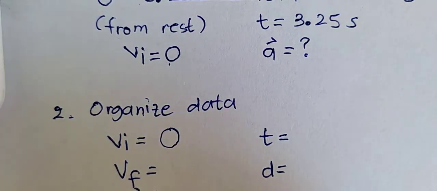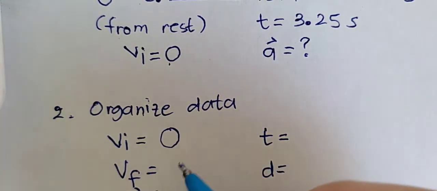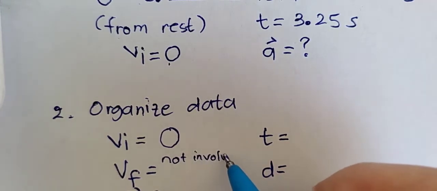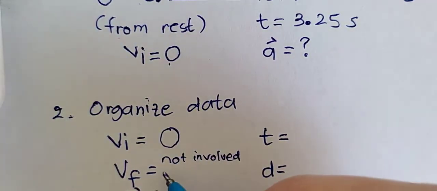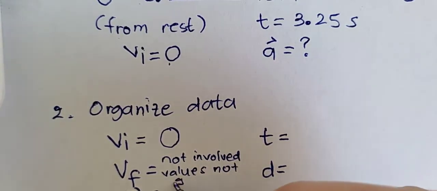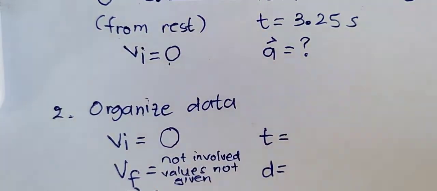And then for the final speed, in the problem, it is not directly involved or given. So lalagay ko dito, not involved and values not given. Hindi siya talaga kasama sa problem. Hindi nabanggit.